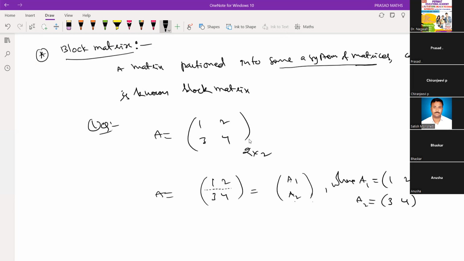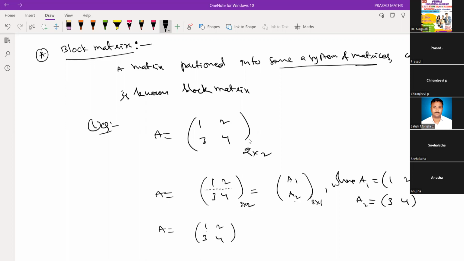What is the order of this block matrix? The original matrix is 2x2. What is the order of the block matrix? 1 by 2 or 2 by 1? 2 by 1, right?